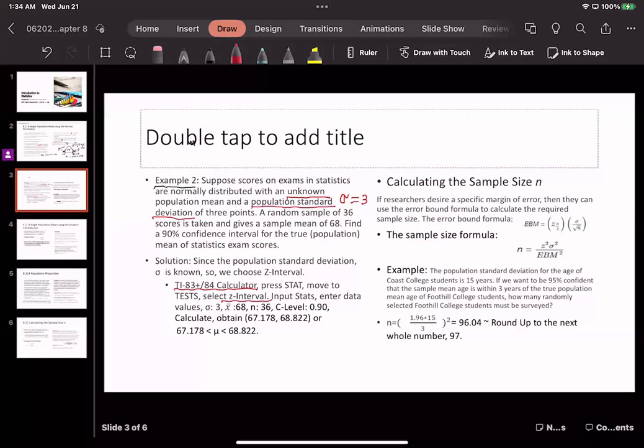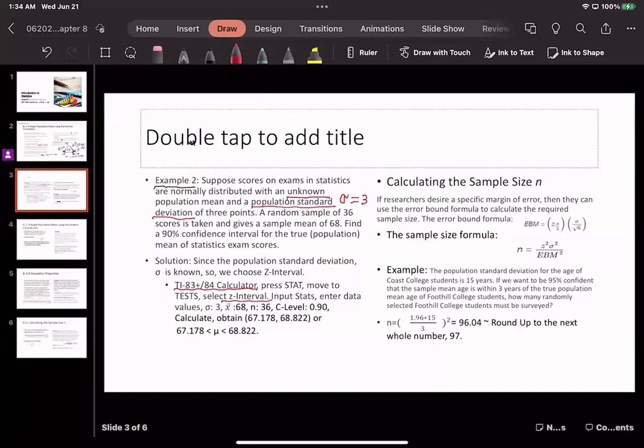We should obtain the confidence interval instantly as 67.178, comma, 68.822. Or we can express it as: the population mean mu, the true mean statistics exam score, is in between 67.178 and 68.822.